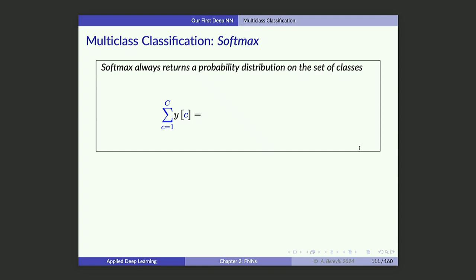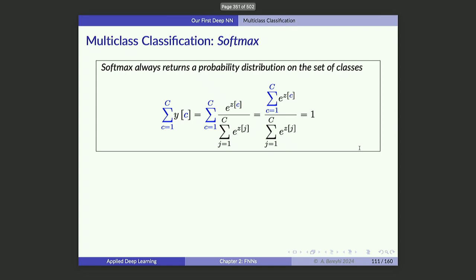So it's going to be the summation of this expression, which is basically the expression for softmax. You just pay attention that you are doing the summation over this index C, not index J, because in the denominator you have already summed up everything, so it doesn't depend on C anymore, right? So if you do that, it is the same summation in numerator and denominator, and it's going to be simply 1, right?